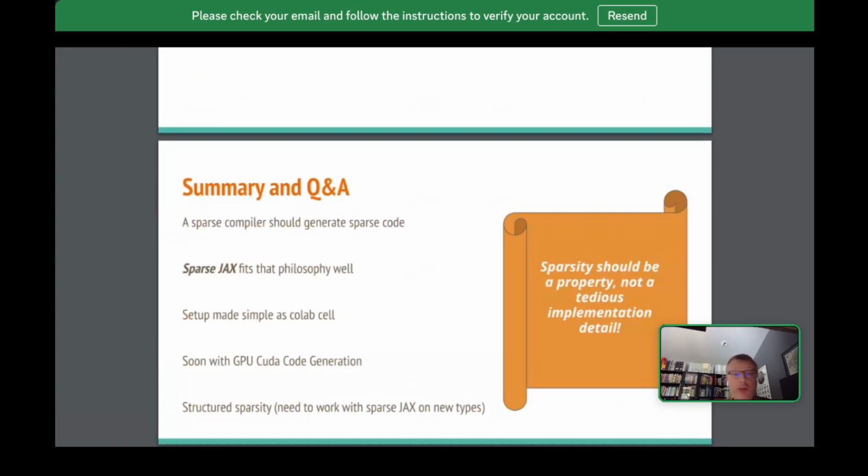We're working on GPU CUDA code generation, and we're working on structured sparsity because CPU does really well on unstructured, but GPU does a lot worse on that. So we're looking at block sparsity, 2 out of 4 sparsity, and the overall theme here in the banner is that sparsity should be a property and not an implementation detail that ML experts have to deal with. Okay, that's my presentation.